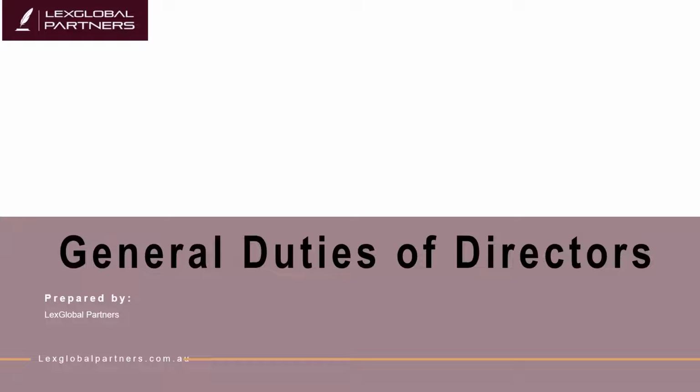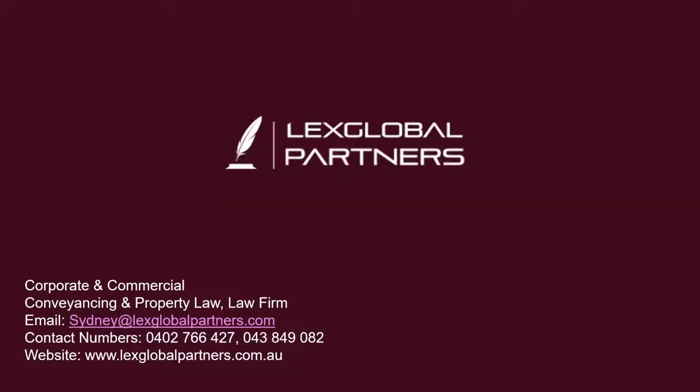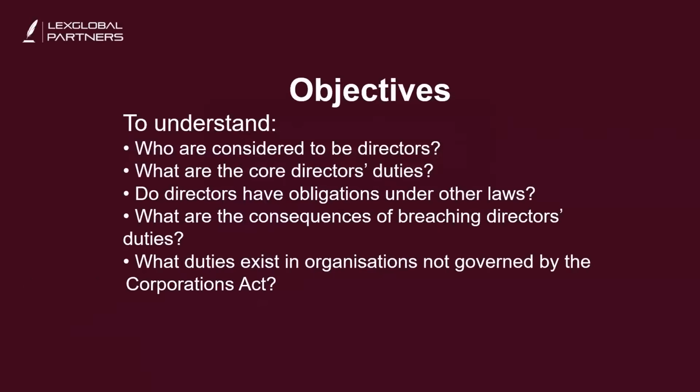Then I worked for all the Australian big banks like Commonwealth, CBA, PayPal, and I worked with federal government and the state government before going private and establishing my own law practice. So at Lex Global, our main practice area is corporate commercial, conveyancing and property law. We do bits of immigration and family law as well. And our preferred model is to act as outsourced lawyers for small firms, just like Sarah's, I'm assuming.